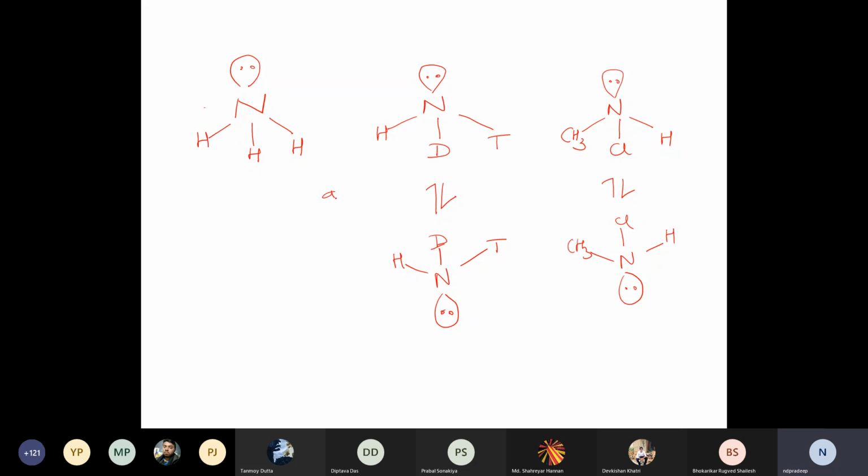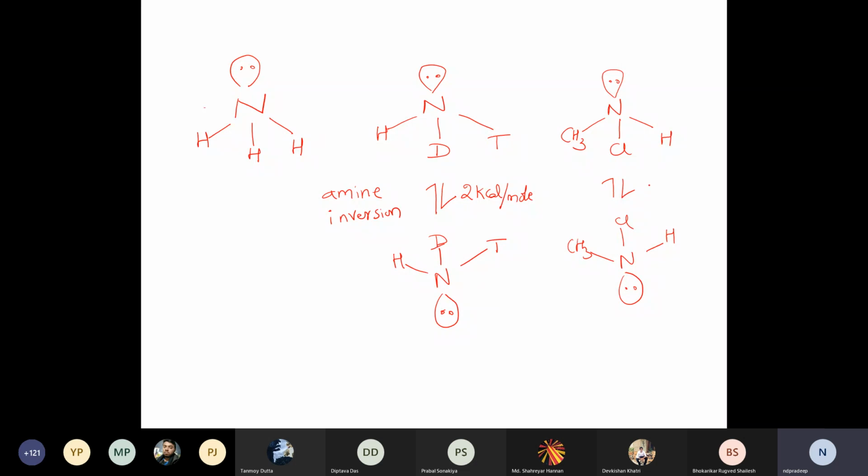So you see, we call this an amine inversion. We can use this word. And this amine inversion, if you look into the energy required, it is 2 kilocalories per mole. It's a very, very, very small number.